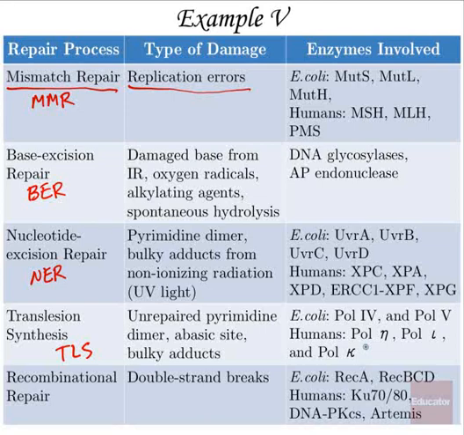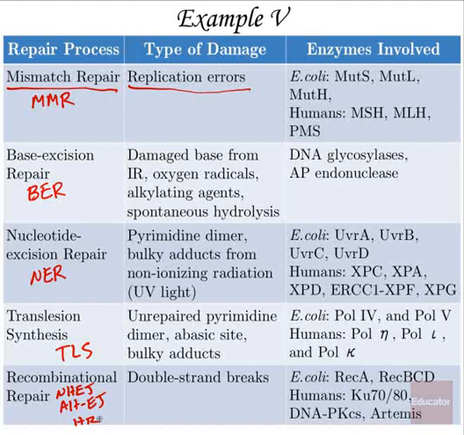And then we have our recombinational repair, which is taking care of our double strand breaks, and this is going to include NHEJ, Alt-EJ, and homologous recombination, okay, HR.